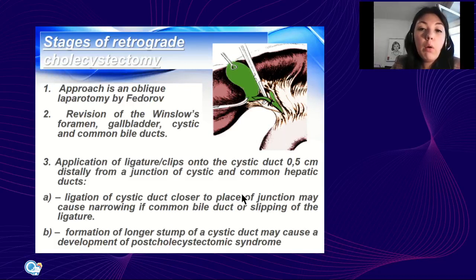And if we form a longer stump, if it is more than 5 millimeters, it may cause development of post-cholecystectomic syndrome. What is it?